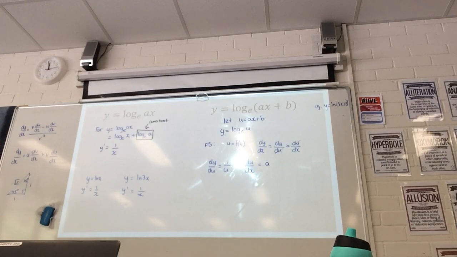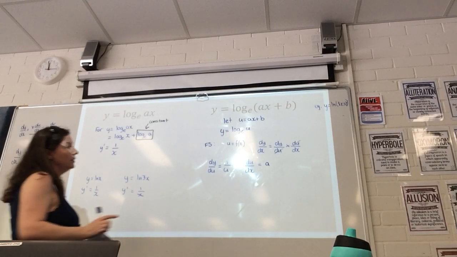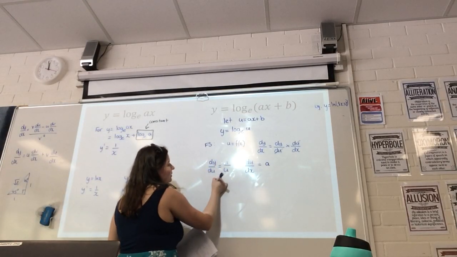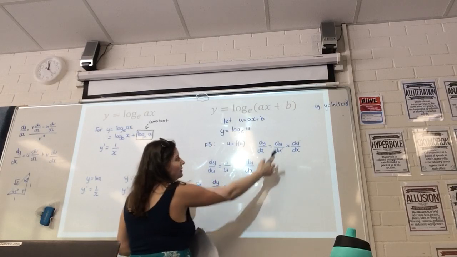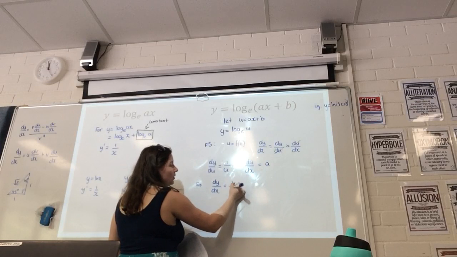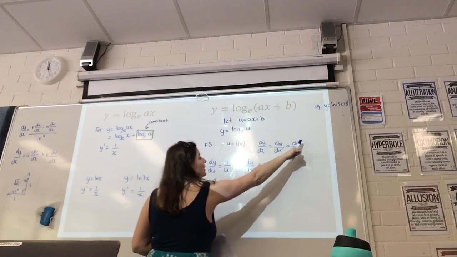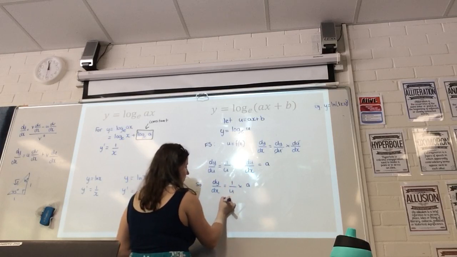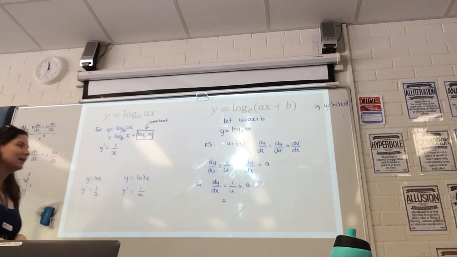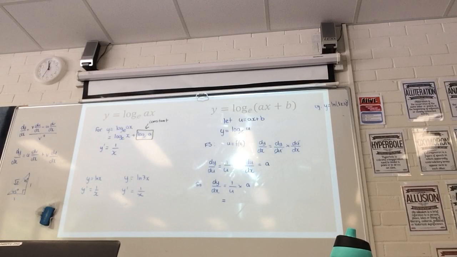Okay. So dy on dx is dy on du, which is 1 on u, times du on dx, which is a. And so we end up with a on u.